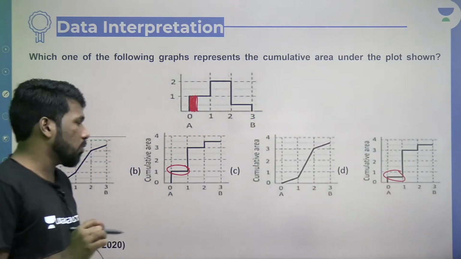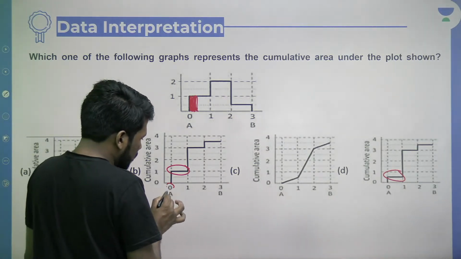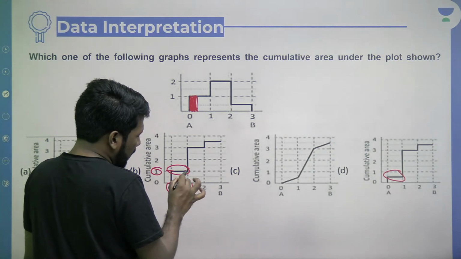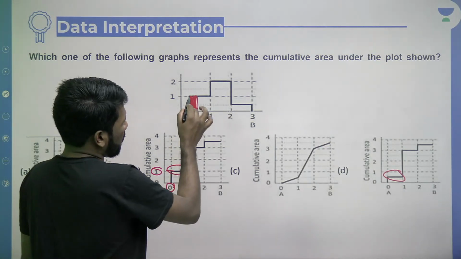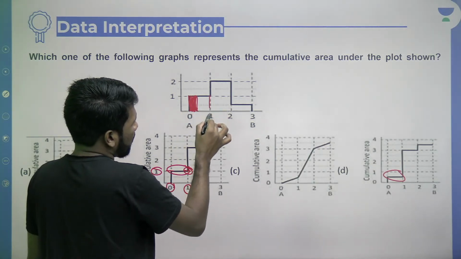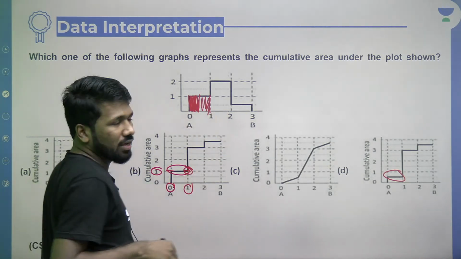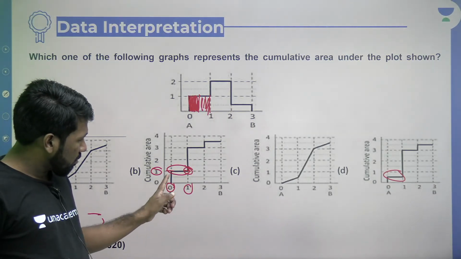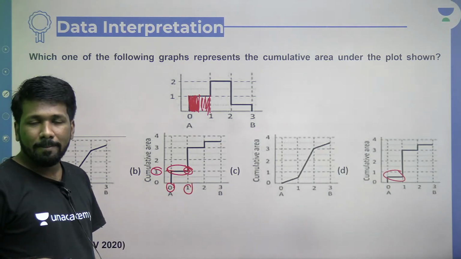What is the problem with those two graphs? It is an instantaneous increase, right? Because at 0, what is the combined area? 1. At 1 also the combined area is 1. That is wrong. At 0 the area is almost 0. At 1 the area of the square will be 1 square 1. Are you all understanding? But this graph says that at 0 also the cumulative area is 1, and at 1 also the cumulative area is 1.